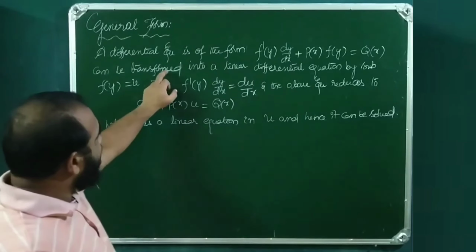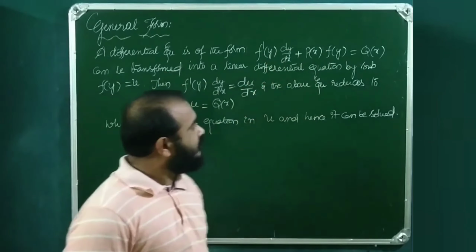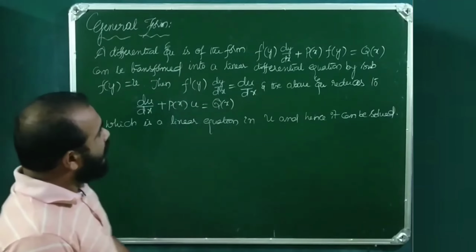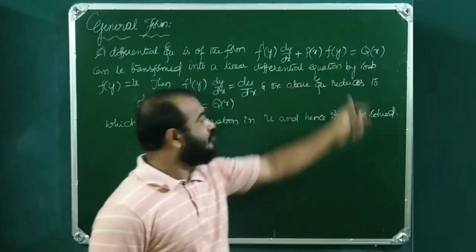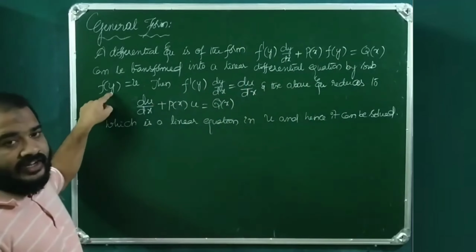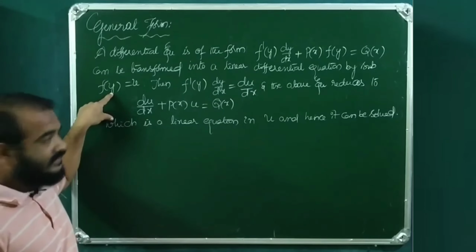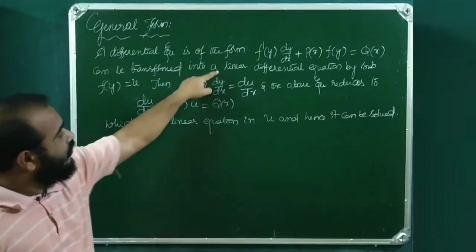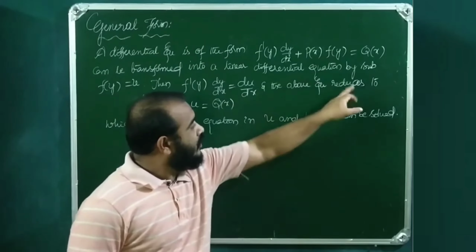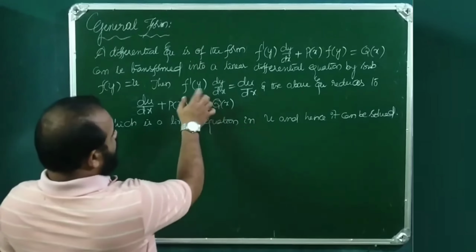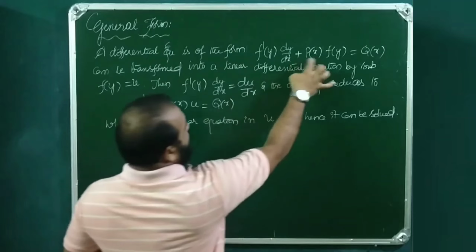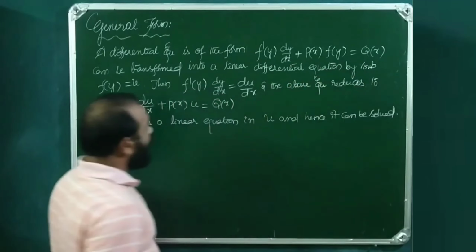Then this can be transformed into a linear differential equation through taking a small substitution. What is that? Let us take this f(y) to be u. Then differentiate it with respect to x. Then f'(y) dy/dx = du/dx. Substituting, the above equation reduces to du/dx + P(x) u = Q(x).